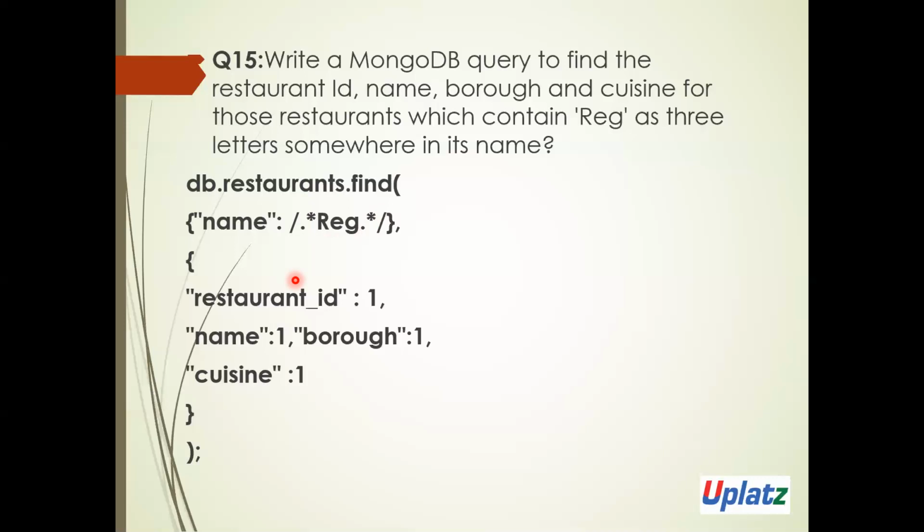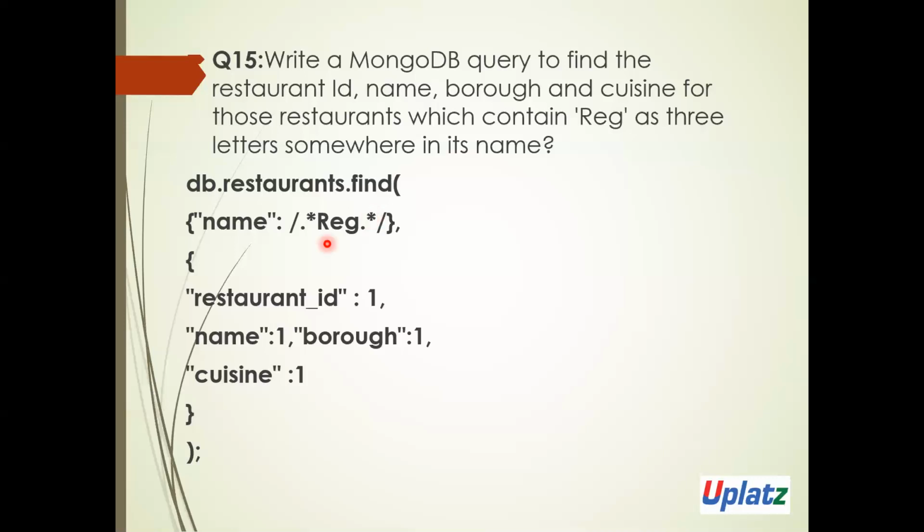That is what I have mentioned here. So if we use it like this, it will scan the entire name. If it finds "reg" as consecutive letters, but it should be consecutive. It will not search R at first, E in the middle, and G at the last. It will not search like that.